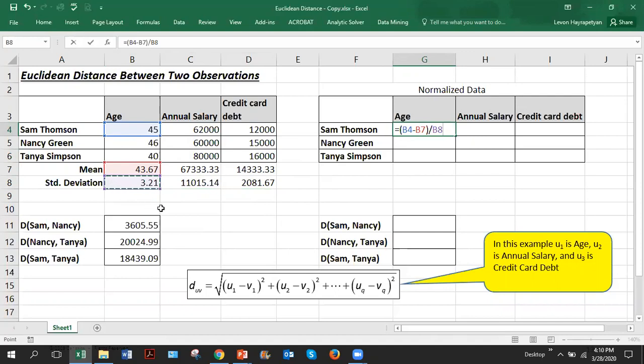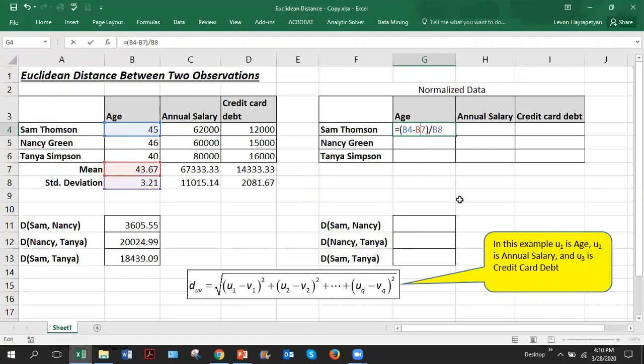Obviously this is a correct formula, but if I want to be able to copy this formula down for all observations of the variable age, pay attention. For the 46, I have to use the same mean and standard deviation. For 40 also, I have to use the same mean and standard deviation.